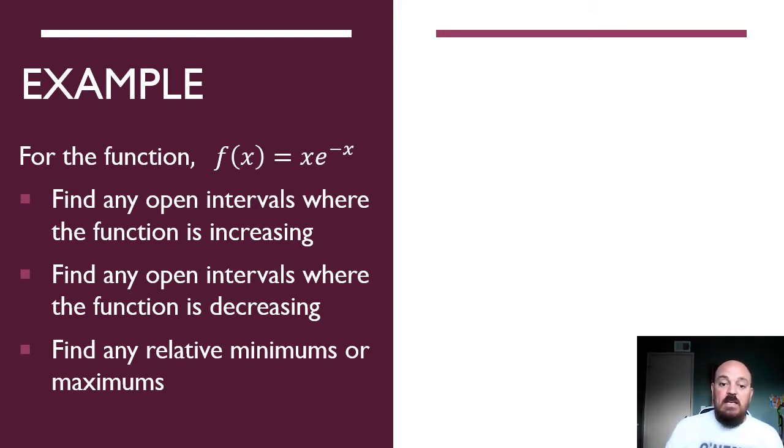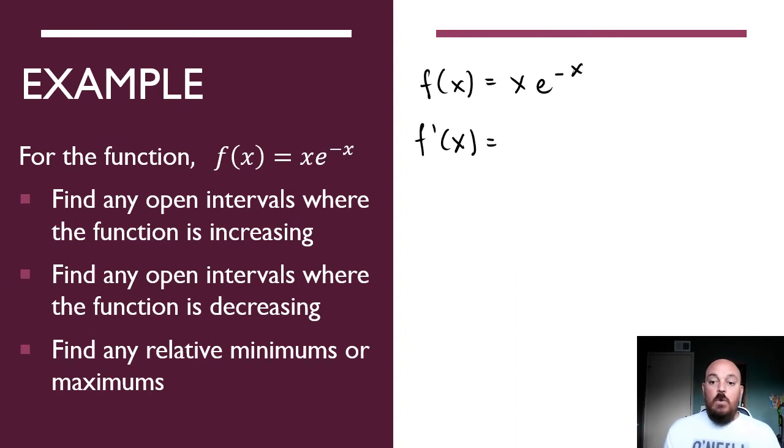But before we can do any of that, the first step is to find the derivative. So let's start with our function, x e to the negative x, and let's find f prime. This is going to be a product rule because it's x times e to the negative x, two separate functions multiplied together.